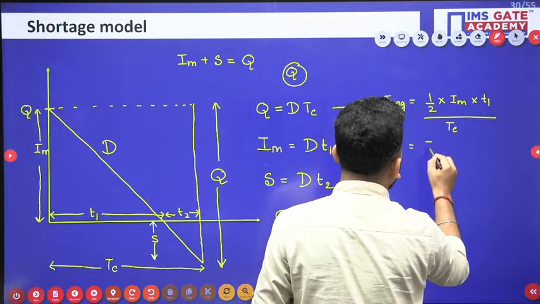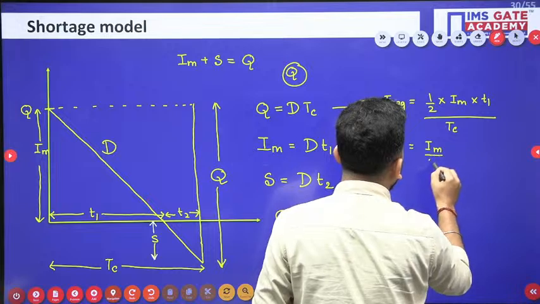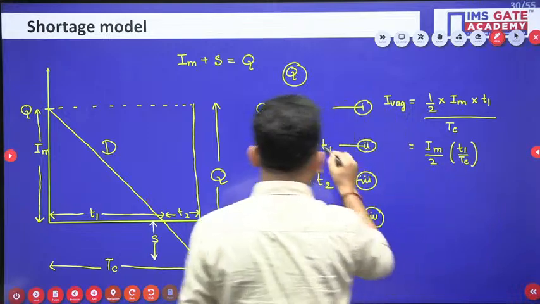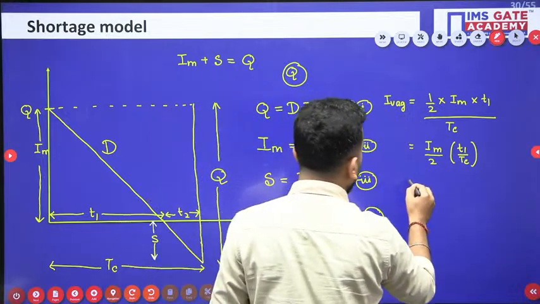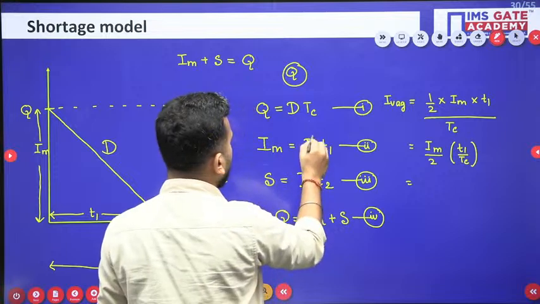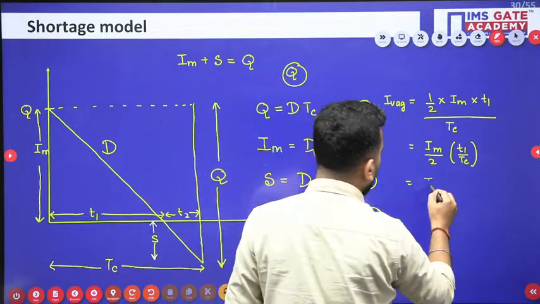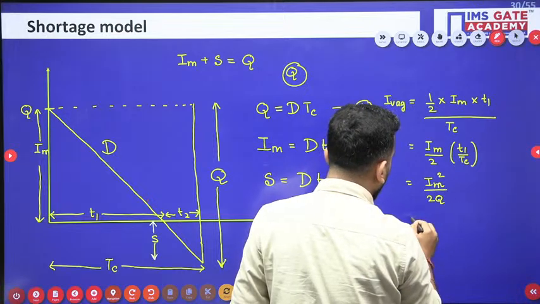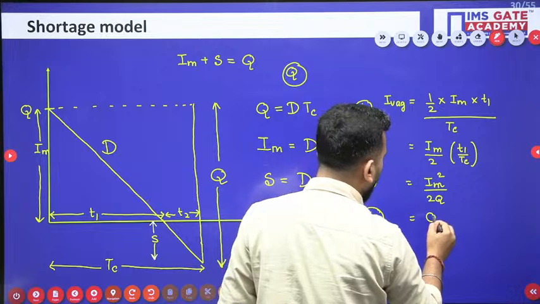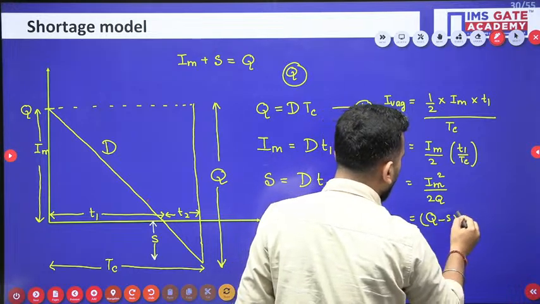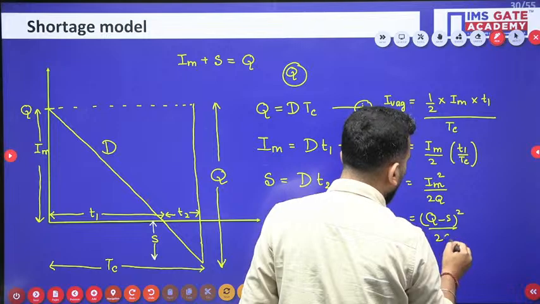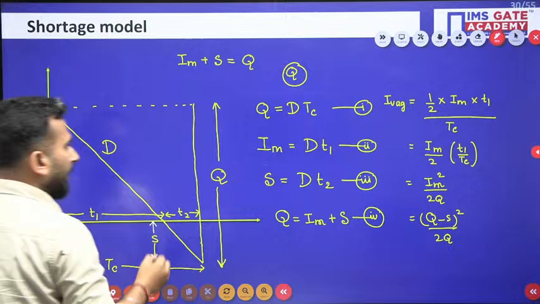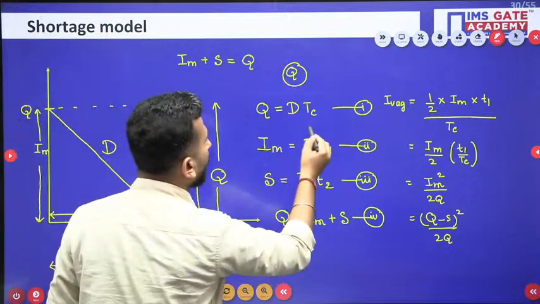So it is nothing but IM by 2 into T1 by TC, and T1 by TC I can easily find from here: it is IM by Q. So it is IM square by 2Q, and in place of IM I can write Q minus S whole square by 2Q. Yes or no? This becomes my average inventory. Similarly, I can very easily say what the average shortage will be.